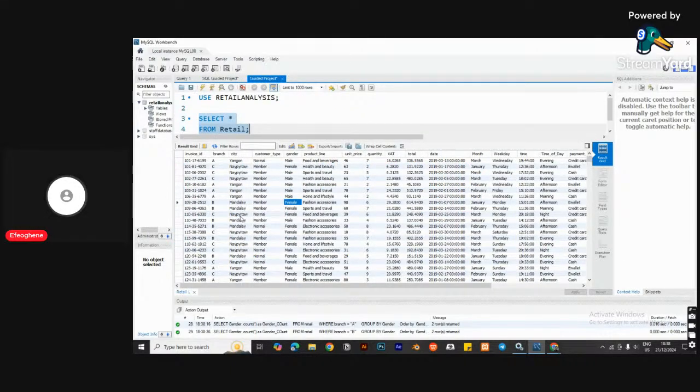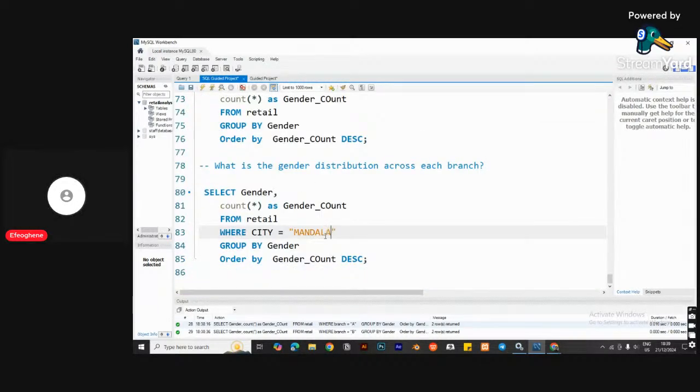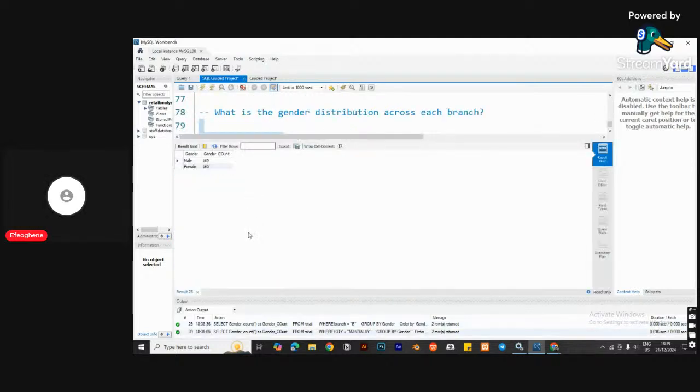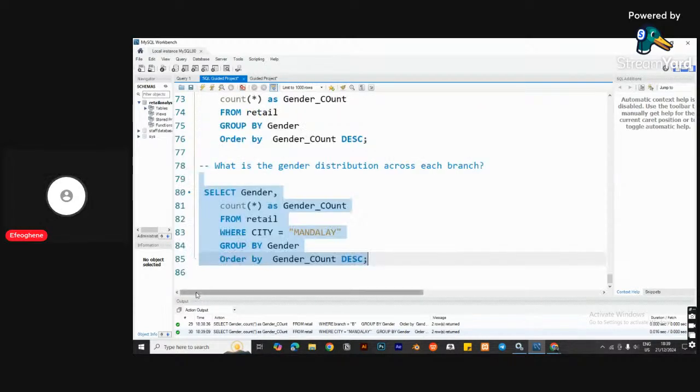Where city equals Mandalay. So you can now see how you begin to do this. You just play around with it and understand what your data represents.